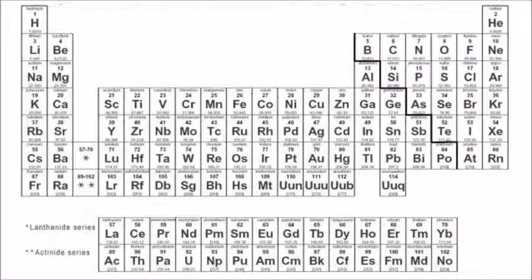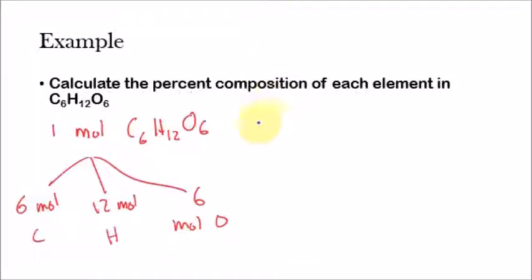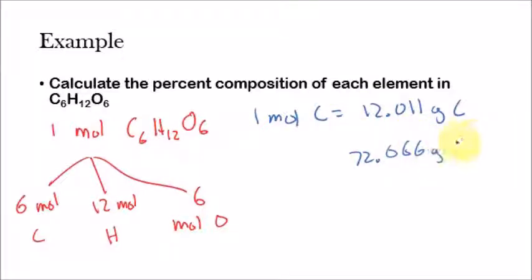So therefore, 1 mole of carbon is going to have a mass of 12.011 grams. So 6 moles of carbon is going to have a mass of 72.066 grams. We got this just by multiplying by 6.